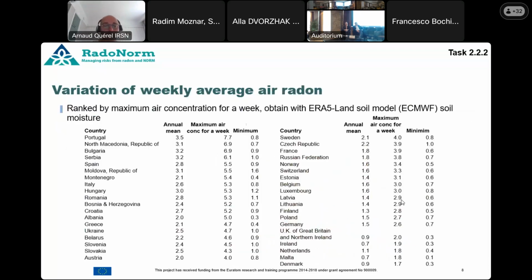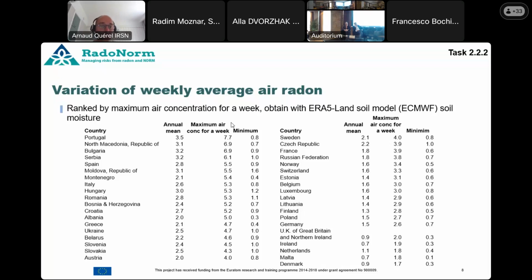And this is the same result, but displayed for each country. And we can also see on this table the air concentration maximum for a week and the minimum. For example, in Portugal in 2021 there was a week where the mean outdoor air concentration was close to 8 becquerel per cubic meter.